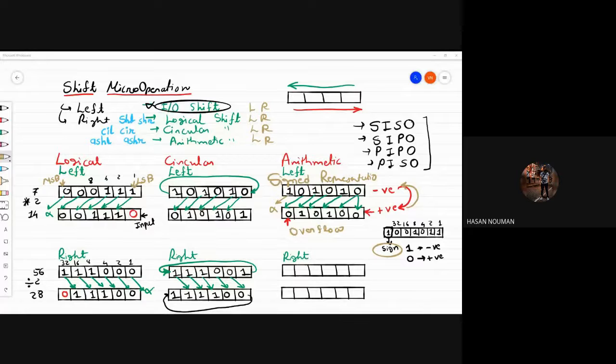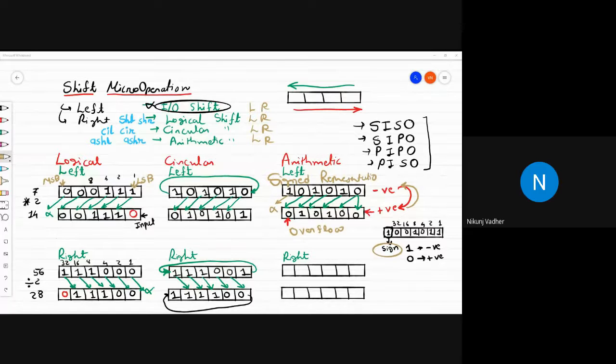It's 1, 2, 4, 8, 16, 32. Then the sign is 1.